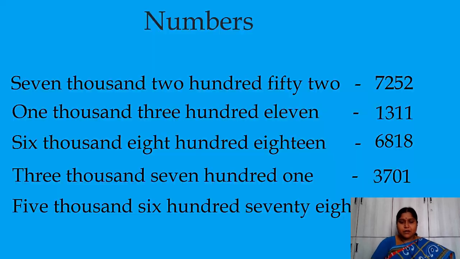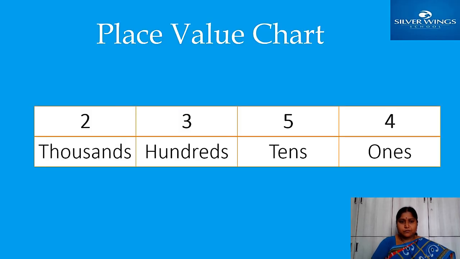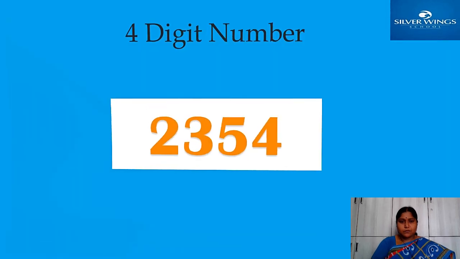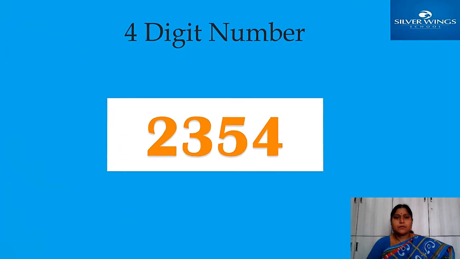Okay, now once again I will show you the slides. Today we discussed 4-digit numbers, number names, how to draw abacus for a 4-digit number, and place values. Here I gave first 2354.